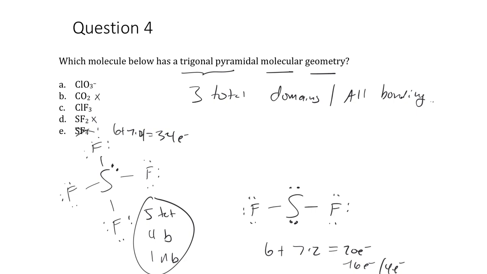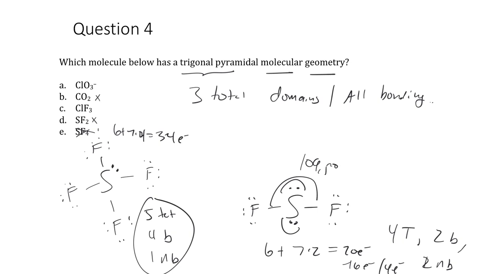Now, with this Lewis structure, the angle isn't 180, it's more like 109.5 degrees, because this is tetrahedral with 4 total domains, 2 bonding and 2 non-bonding. And then CO2 is pretty clearly this structure here, so that's linear molecular geometry.